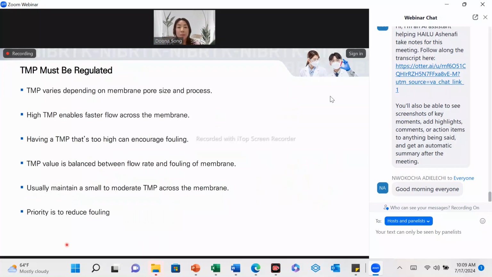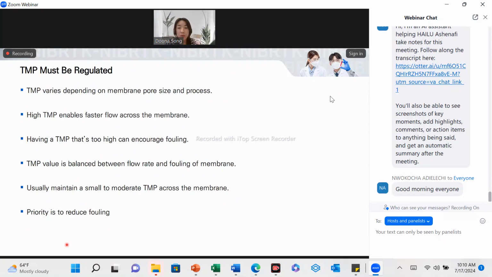TMP varies depending on the membrane pore size and process conditions. Higher TMP can enable faster flow through the membrane, but can also increase the risk of fouling.